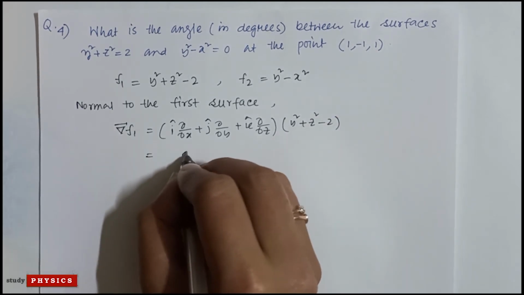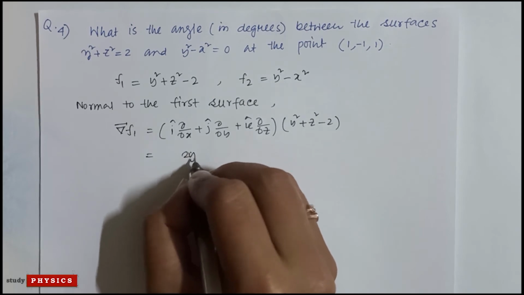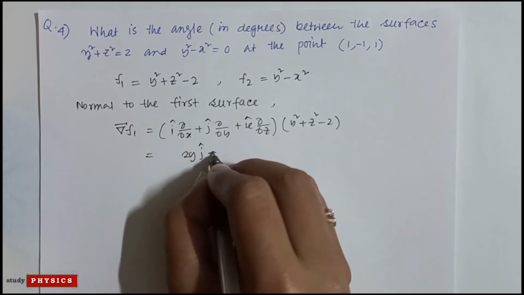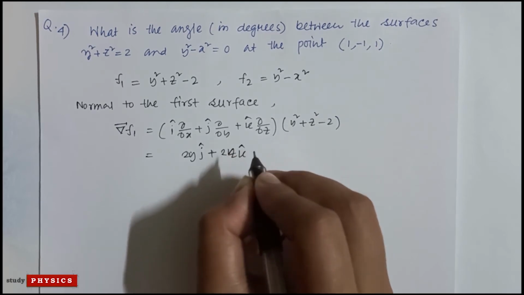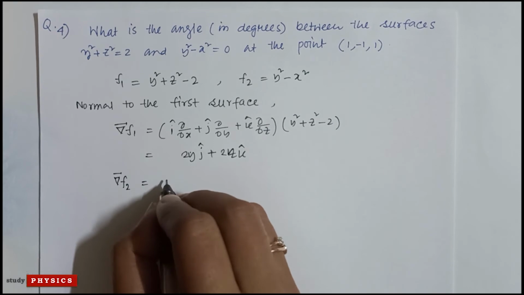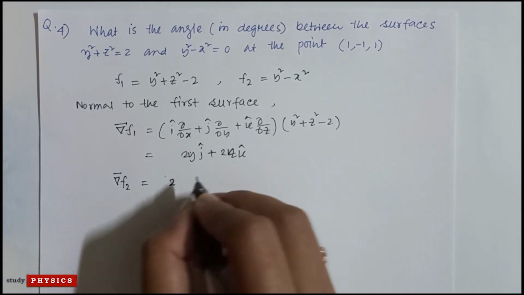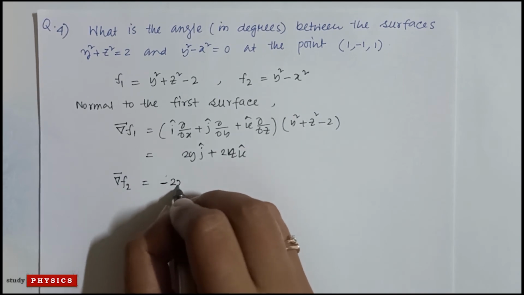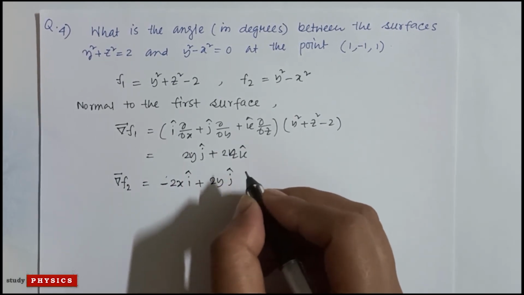So this is 2y j cap plus 2z k cap, and grad f2 is minus 2x i cap plus 2y j cap.